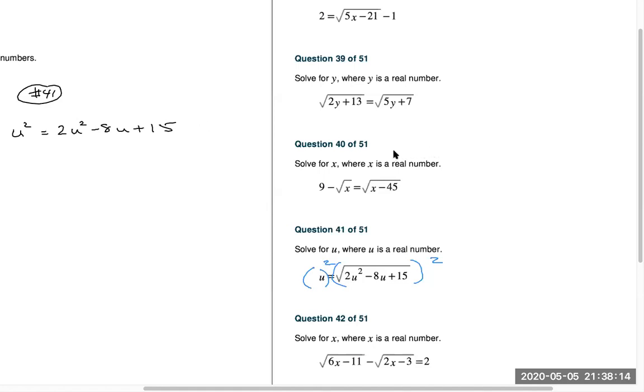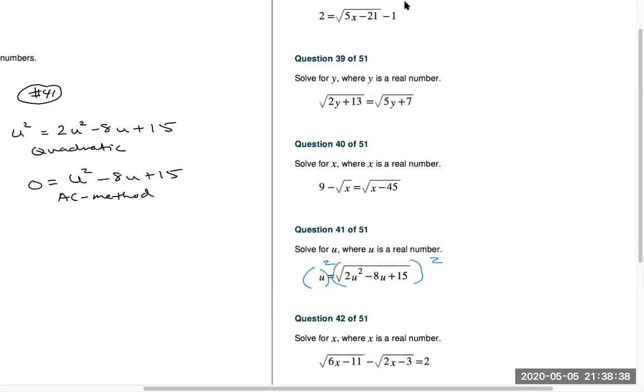Solve traditionally for u. Remember, this is a quadratic. So we want to get all of our u terms to one side, so 0 on this side. We've subtracted u squared from both sides. So u squared minus 8u plus 15.